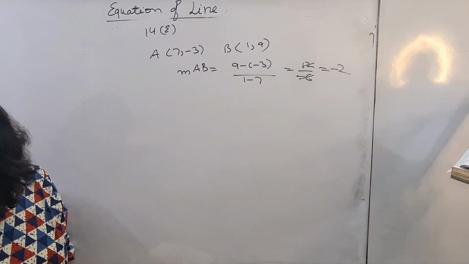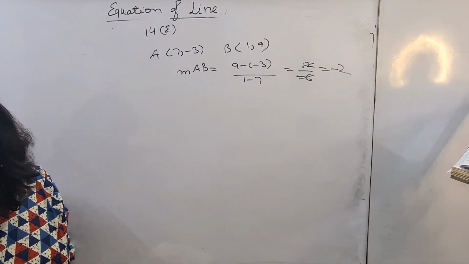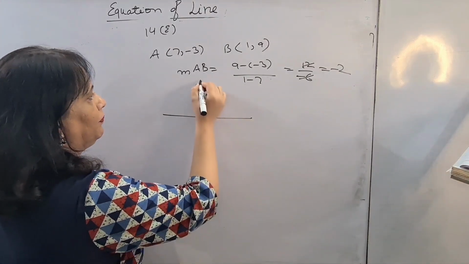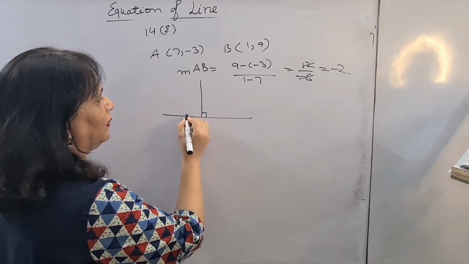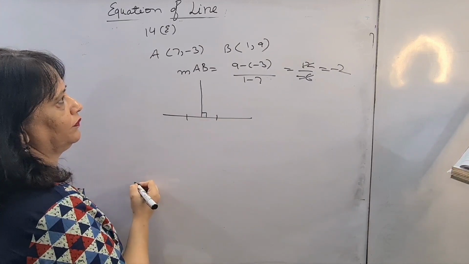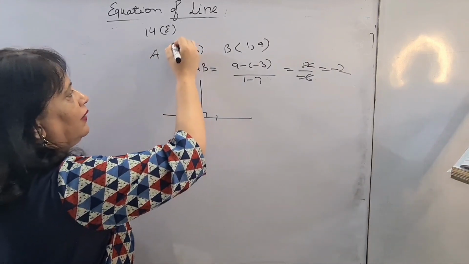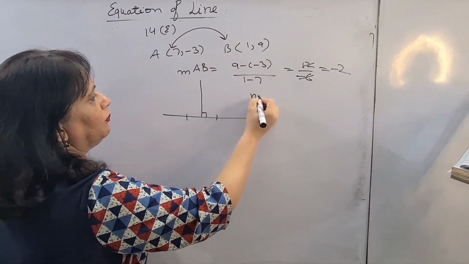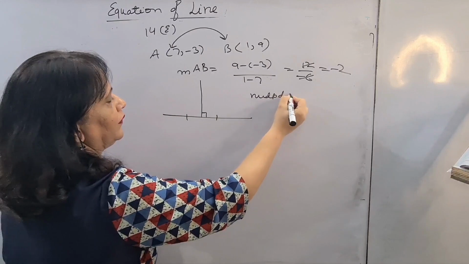In the second part I have to find the equation of the perpendicular bisector of line segment AB. Now listen. Perpendicular as well as bisector. That means I have to find the midpoint of AB. Bisector means midpoint of AB.